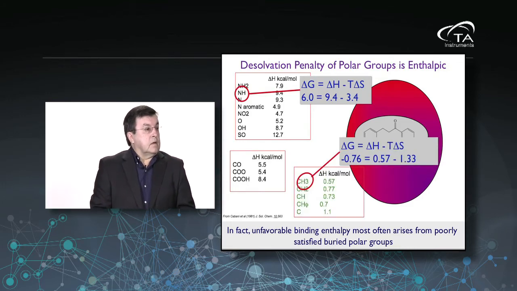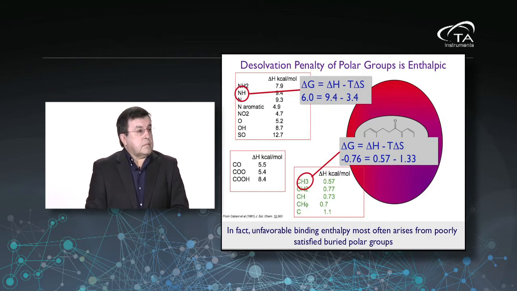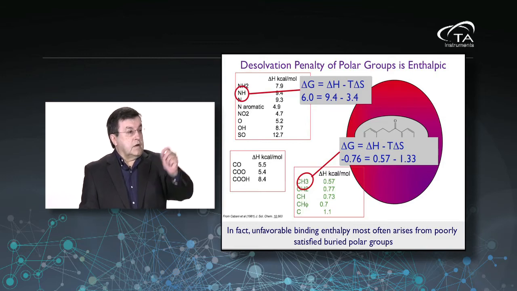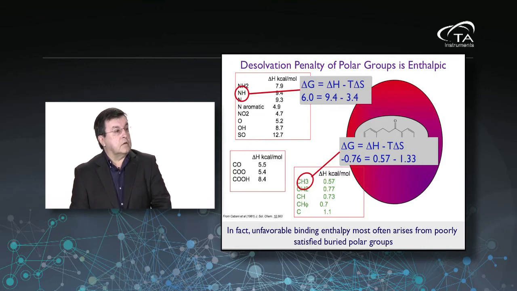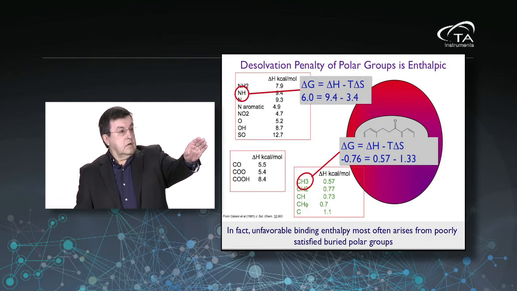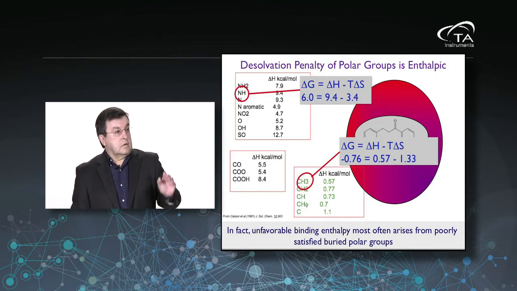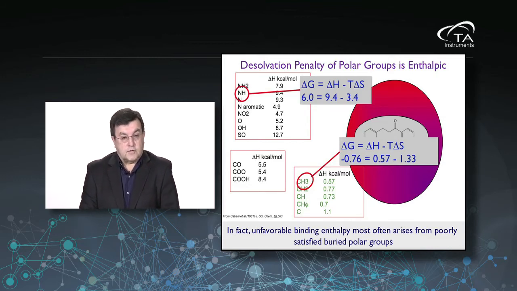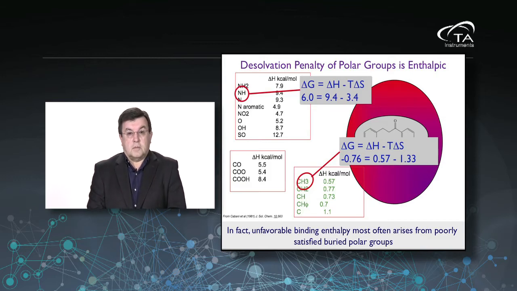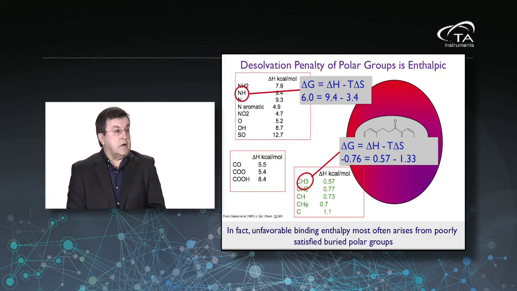On the other hand, the desolvation of non-polar groups, like the methyl group that we saw before, has a very, very small enthalpy penalty and obviously a favorable entropy change. Again, you can see the differences in magnitude between polar and non-polar groups. And that's a very important consideration, because when a polar group is introduced in the wrong position, it's extremely costly, whereas for non-polar groups, the penalties are always minimal, if any.